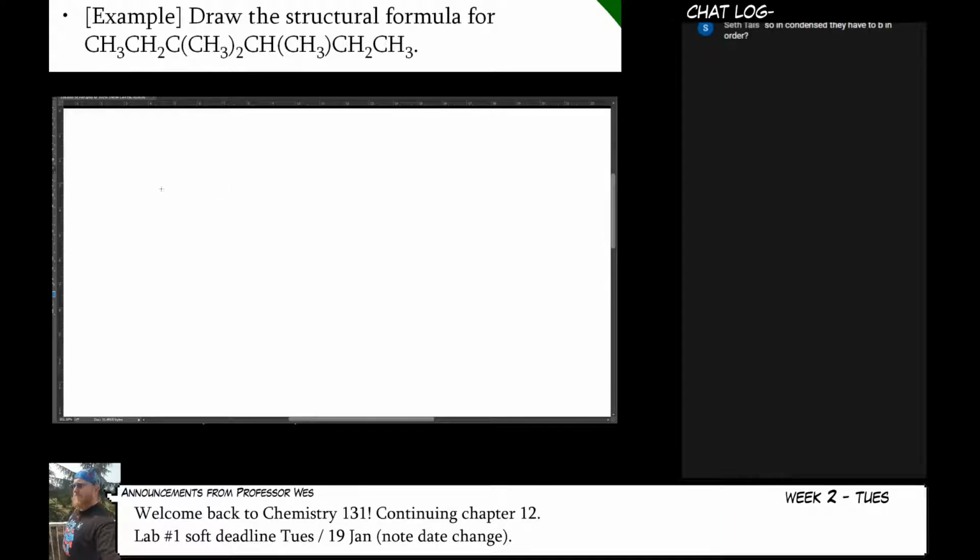All right, so I've got CH3, so I'm going to draw that over here. And I've got CH2. And we'll bond that to the previous one. Then I've got just regular old C, so I'll write that. And that C is connected to a CH3 and another CH3, because there's two of them there.